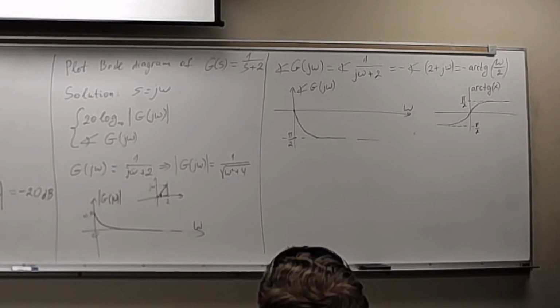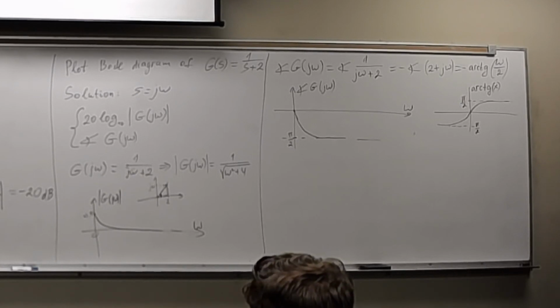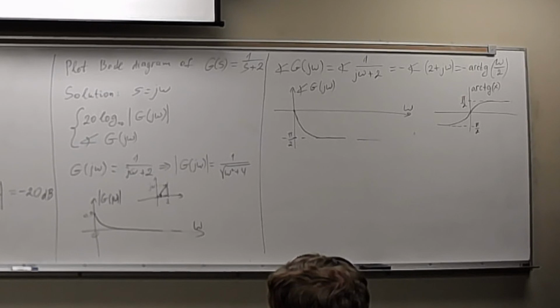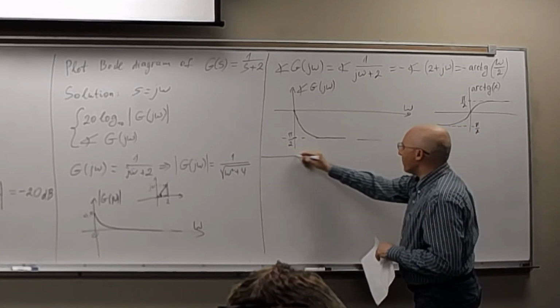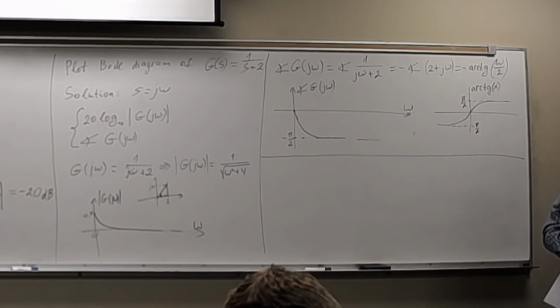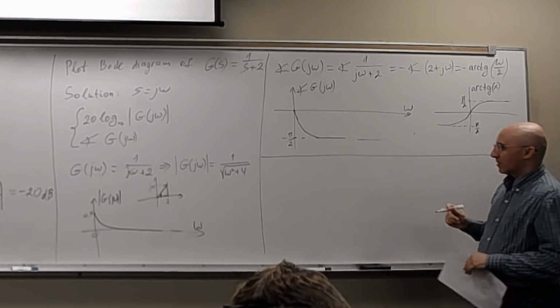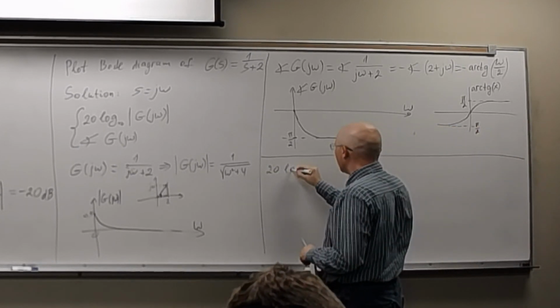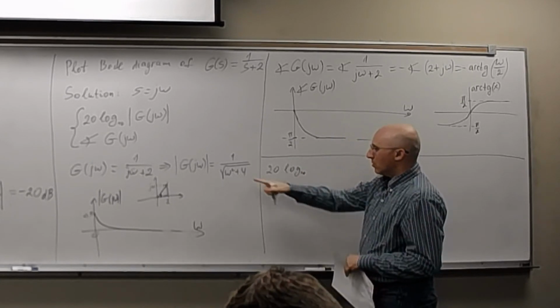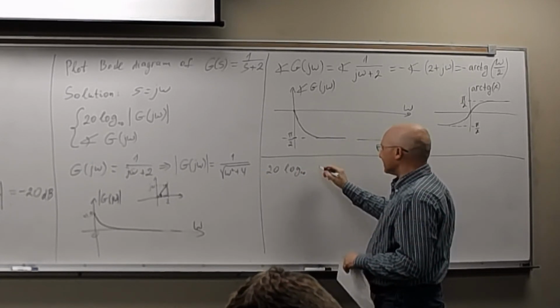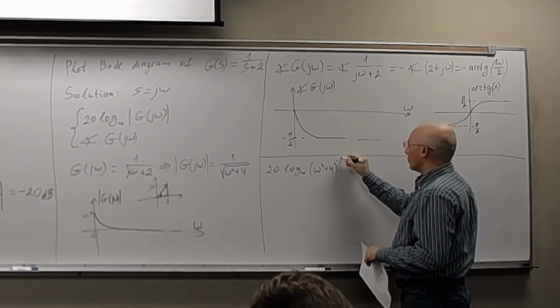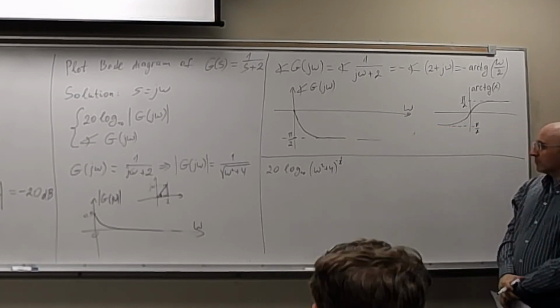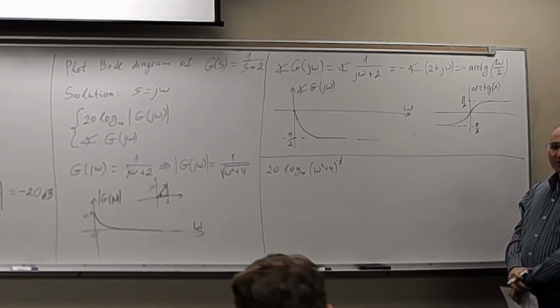And this is why it's much better to use another approach, where you have log of omega and decibels for the amplitude, for the magnitude. Now, let's compute those. So now we're trying to plot the actual Bode diagram, which is logarithmic scale. So, 20 log 10 of that thing, and that thing you can write as omega squared plus 4 to the power minus 1/2, right, because this is something divided by square root.